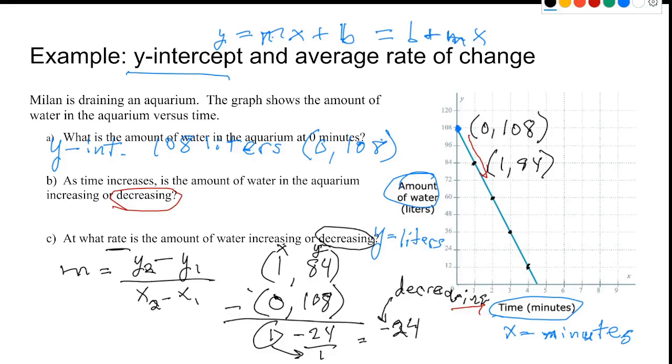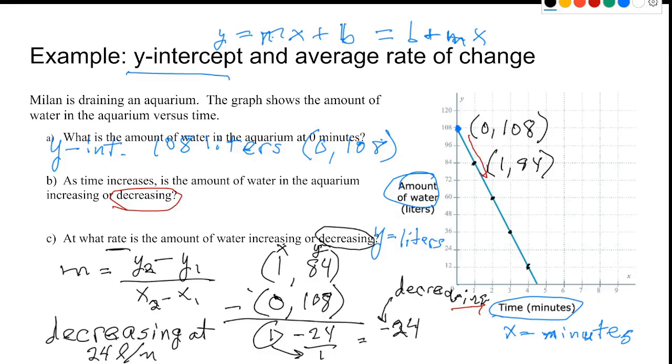So within the Alex system, if you tell them it's decreasing, then for the rate we would say something like this: decreasing at, if I can squeeze it in here, 24 liters per minute.